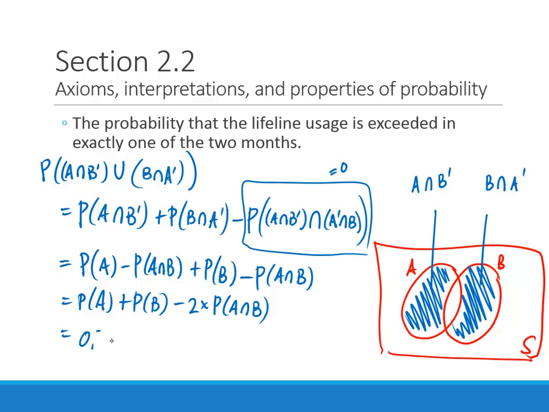Now we can say what this is: 0.7 plus 0.8 minus 2 times 0.6. Should be 0.3.